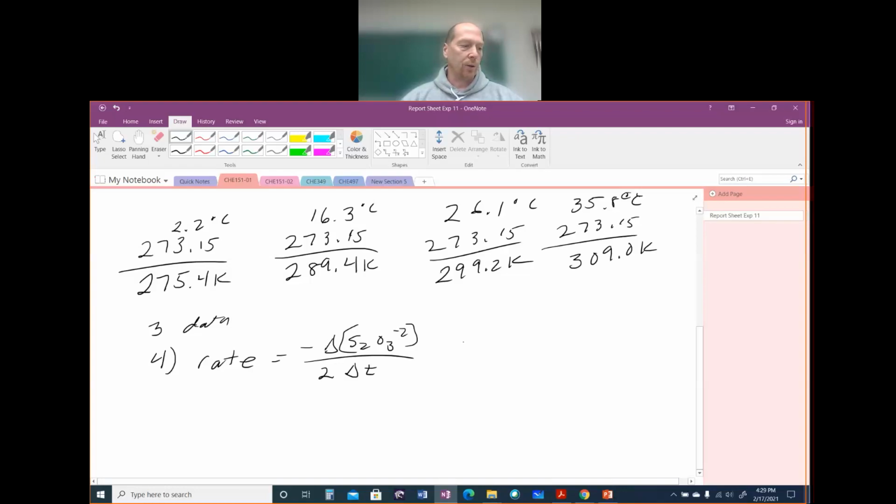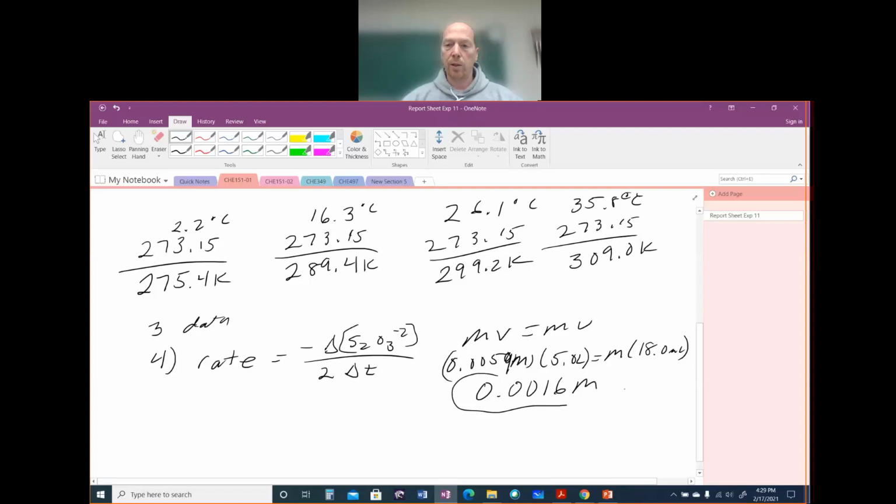So we're doing M1V1 is equal to M2V2. The bottle of the S2O3 says 0.0059 molar, and we use 5 mL of that. What is the molarity now that we've mixed the 5, 5, 5, and 3, total 18 mL? Same as the last lab, experiment 10, it is 0.0016 molar.